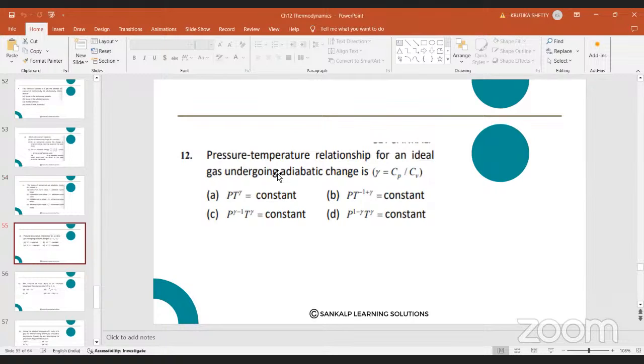The pressure temperature relationship for an ideal gas that undergoes adiabatic change is: the pressure and temperature relationship for the adiabatic process.